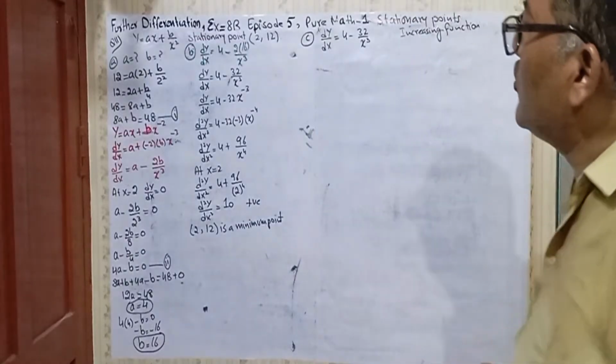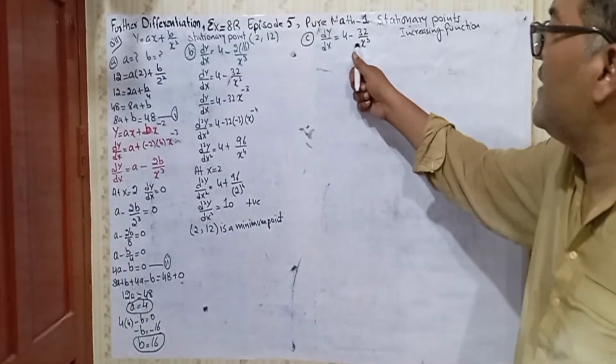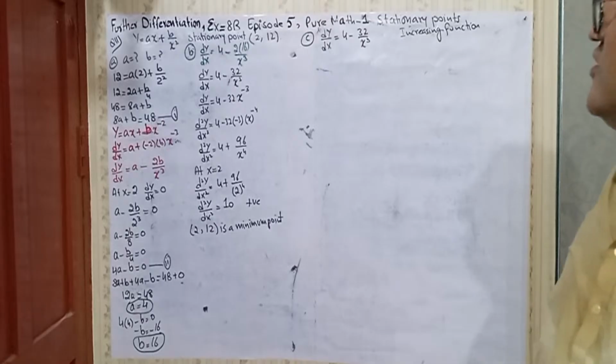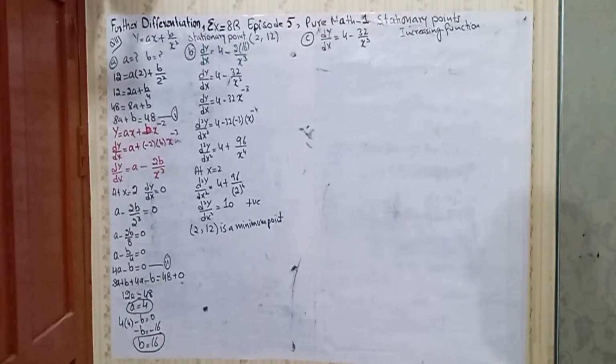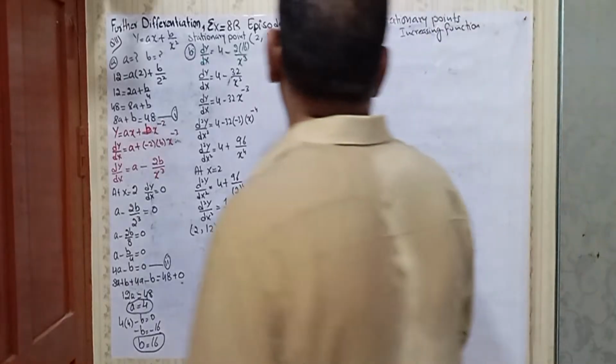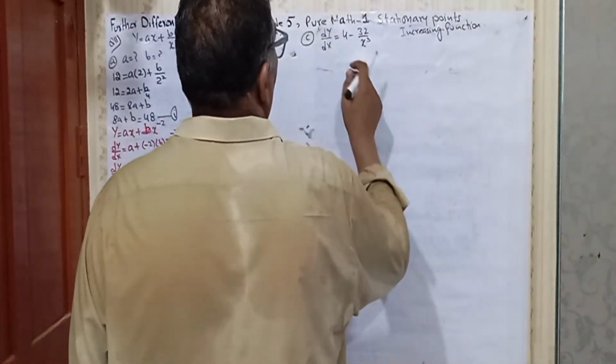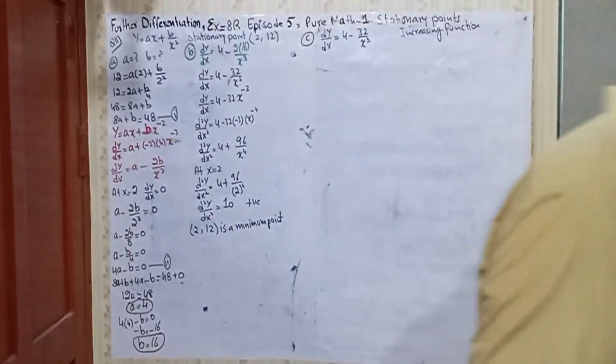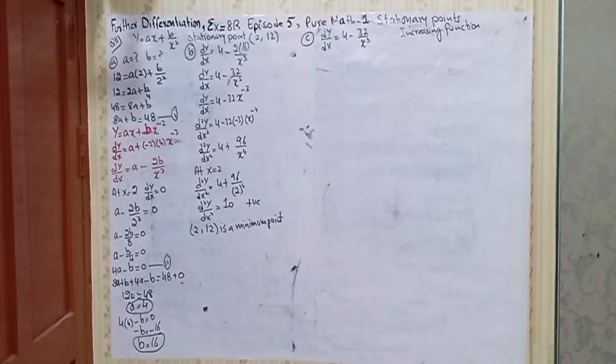So dy/dx is a cubic, and the stationary point is at 2. There can be two or three methods. We have to plot a graph for this, so I am going to plot a graph and then we will decide.